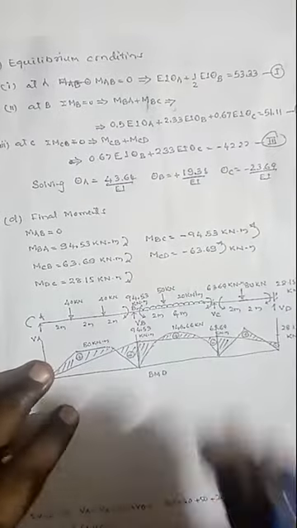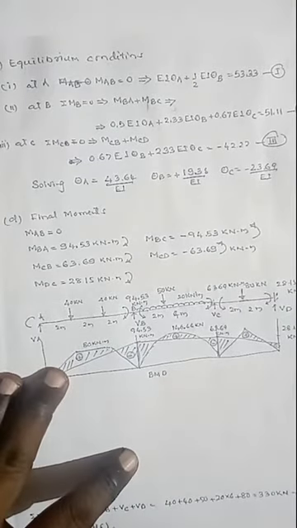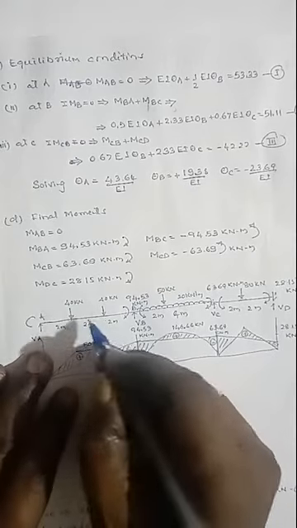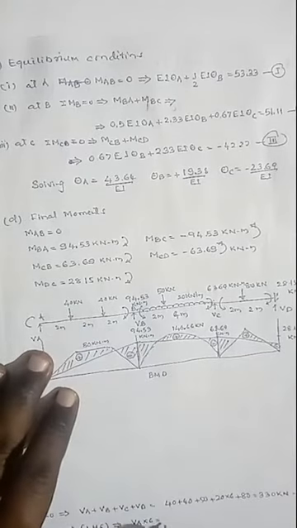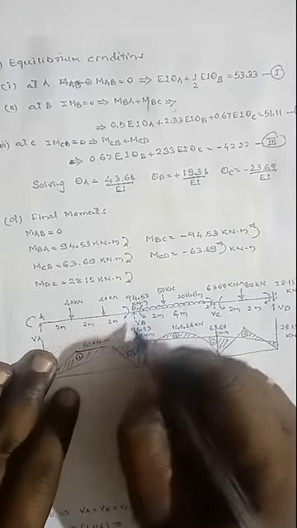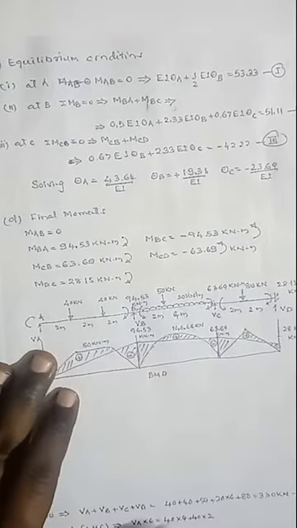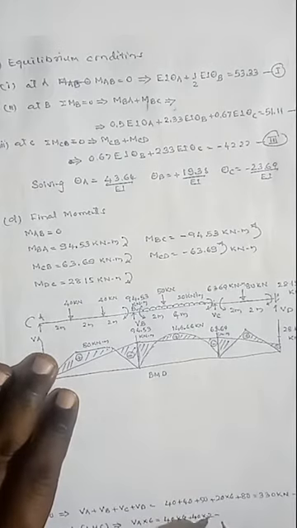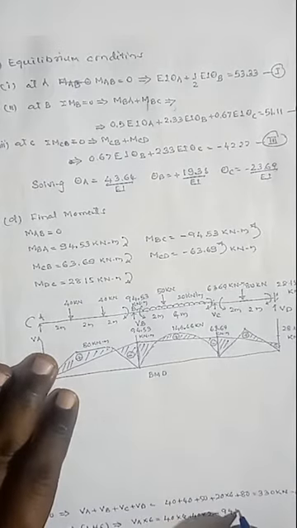That is VA into 6, that is clockwise, and then the remaining are 40 into 4 plus 40 into 2, both are anti-clockwise moments, and this one is clockwise moment, that one is clockwise moment, that one is 94.53.